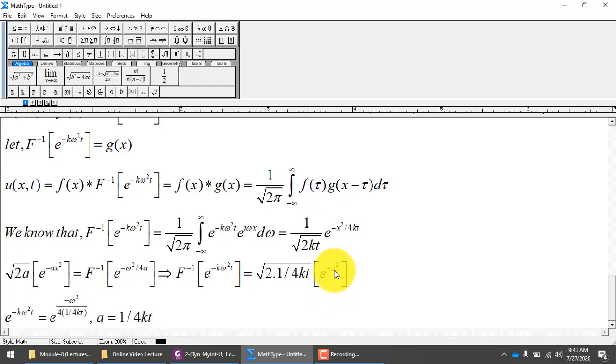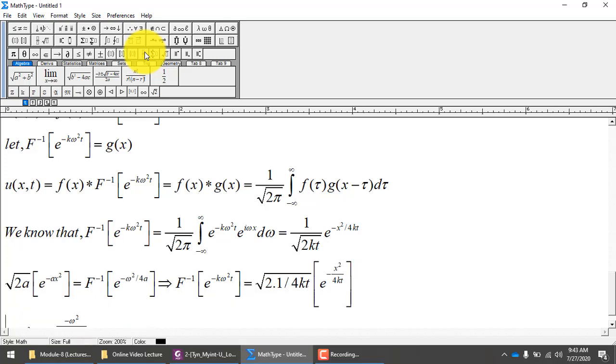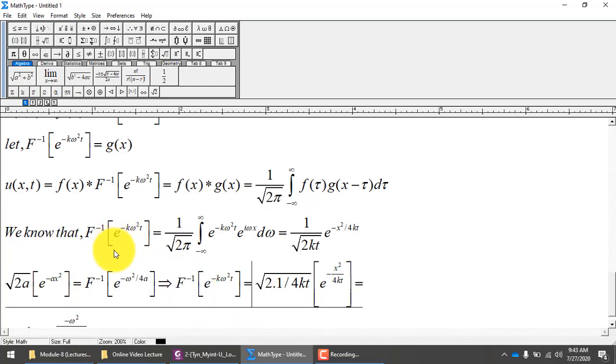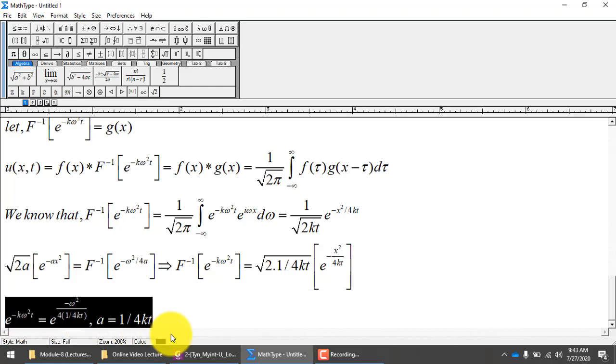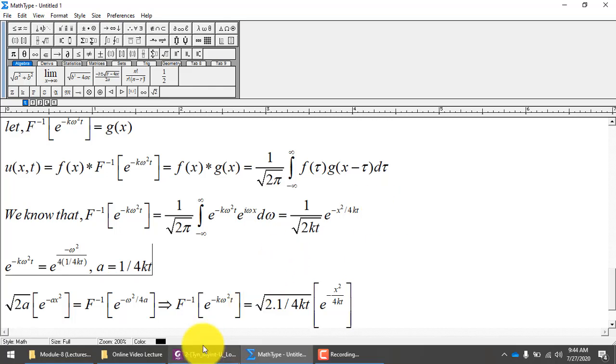Instead of a you are having 1 over 4kt, so I should write it like that, with 4kt in the exponent, is equal to the Fourier inverse of this. So this was the hint for you.